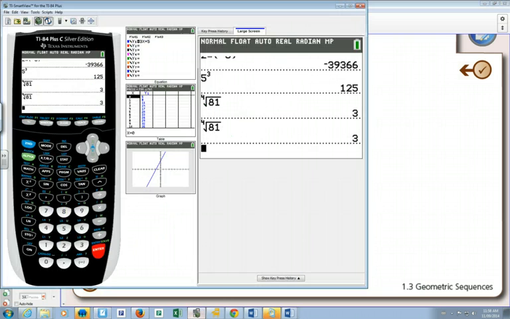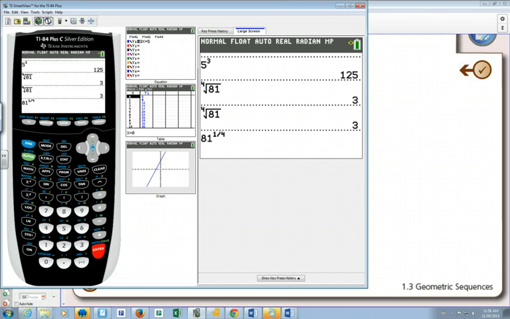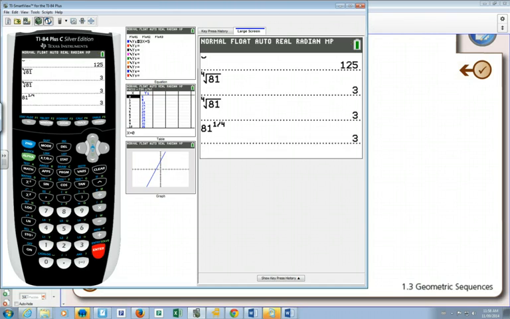And then it's just a matter of doing 81 to the power 1 divided by 4. Okay? If you have an older calculator, you may have to put the 1/4 in brackets when you write it by going 81, hat button, brackets, 1/4 to make sure that you get the 3. So try both of those to make sure that you can get the right answer.